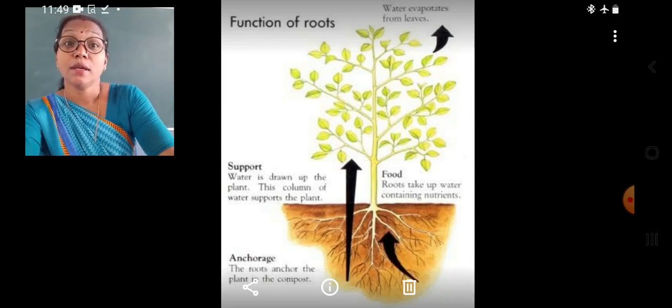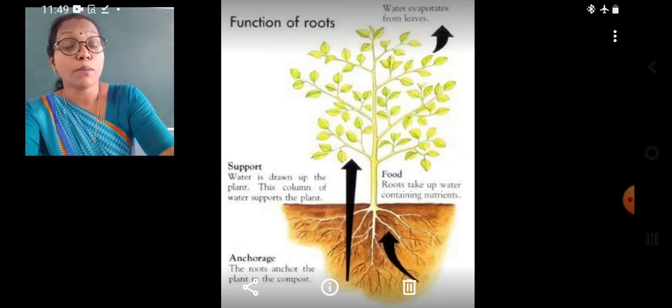And the roots spread out in the ground and fix the plant firmly in the soil so that the plants can resist the force of wind, and if we apply force to uproot a plant also, it will be very difficult because of its roots.